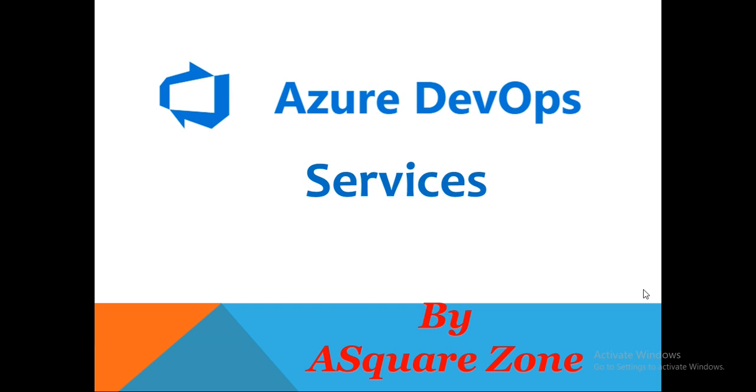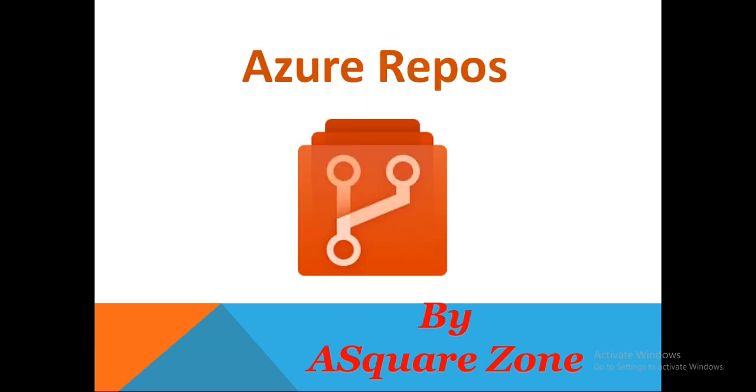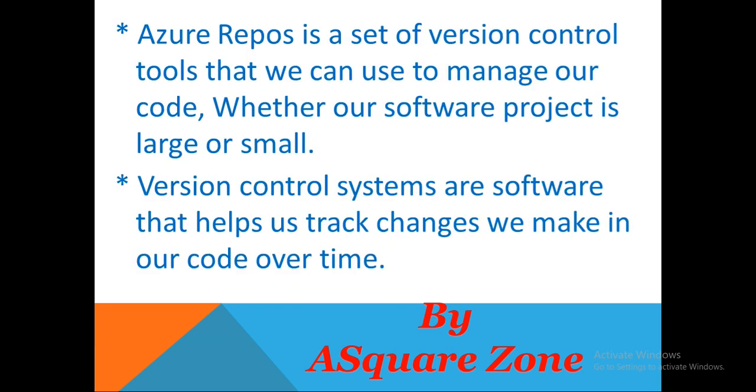In this session, I'm going to explain about Azure Repos. So what is Azure Repos? Azure Repos is a set of version control tools that we can use to manage our code, whether our software project is large or small.